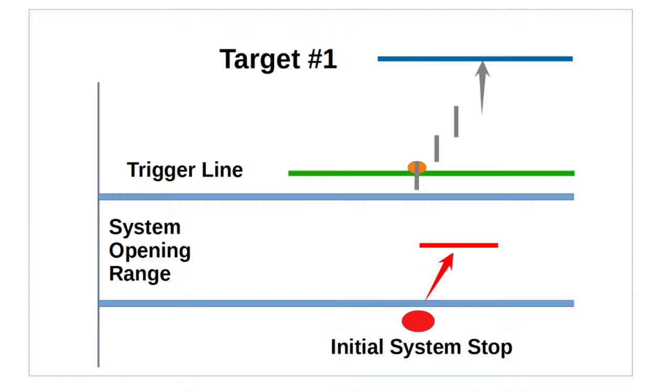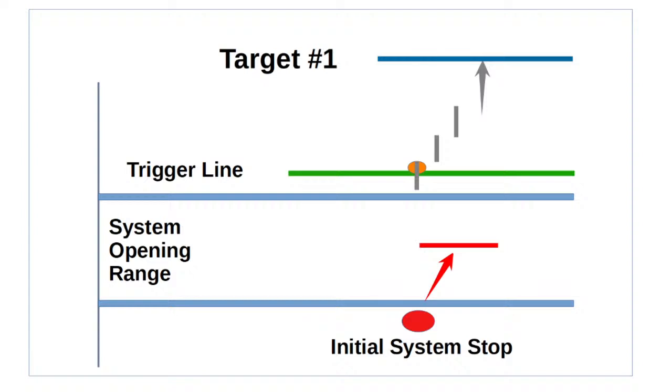And so the basic mechanics are that once we get that 1 minute close past the trade price barrier, the trigger line, then the alert software will send through your targets, and your initial stop will come through.